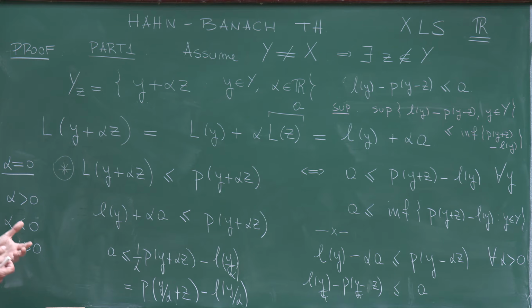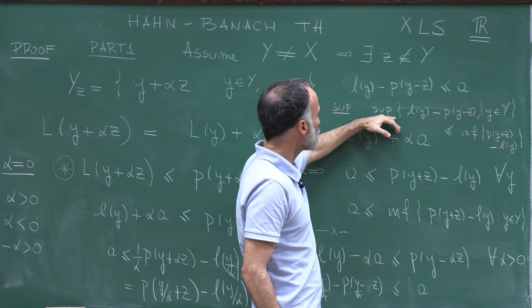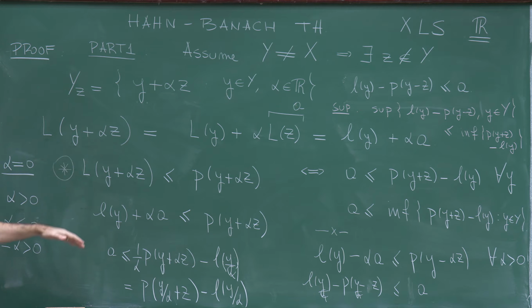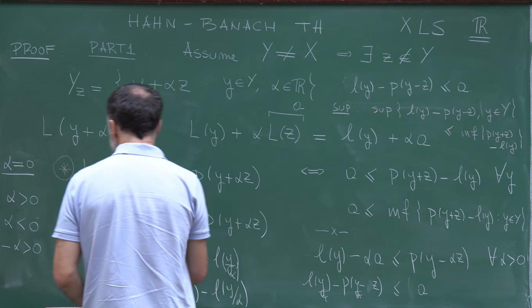So what remains to be done in order to show that indeed we can extend the definition of L to this space? It's to prove that this inequality holds. So I will erase everything and show to you that indeed this inequality holds.